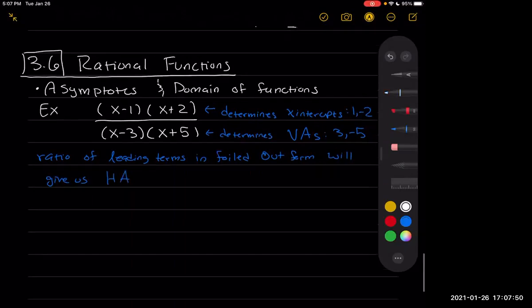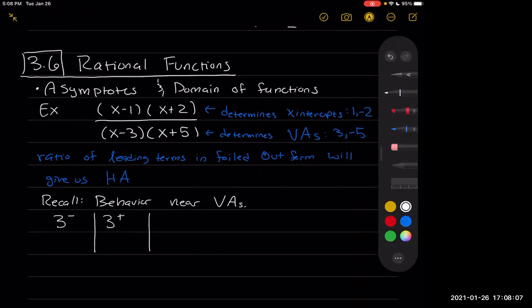And then remember, for the behavior near vertical asymptotes, you need to look at it from the negative and positive sides of each cut point. You can't just look at what the function is doing as it's approaching one side. You have to look at both.